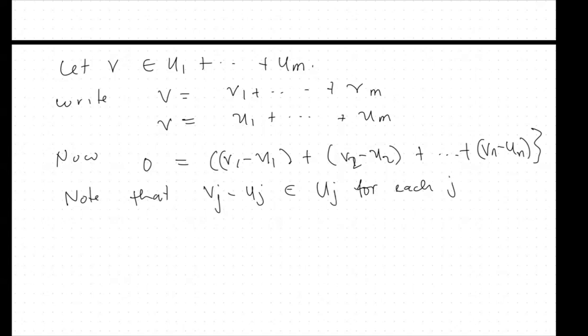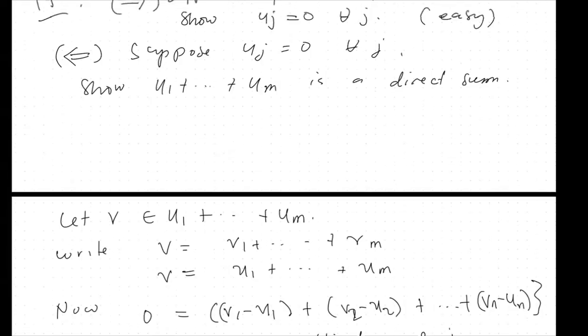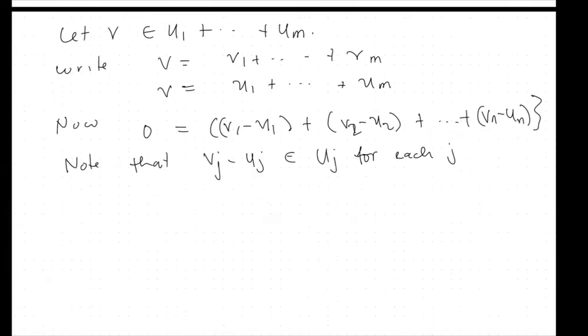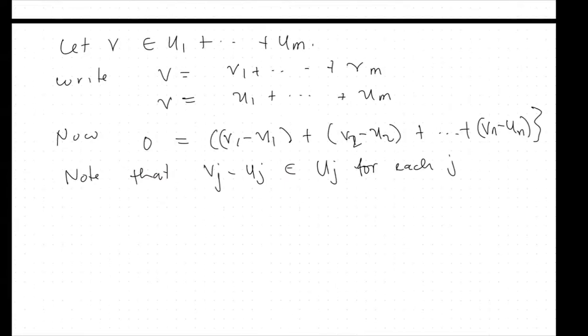Then we know from our assumption that each uj is 0, and thus we get vj minus uj is equal to 0.